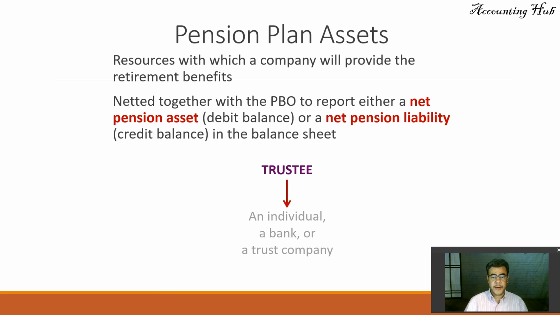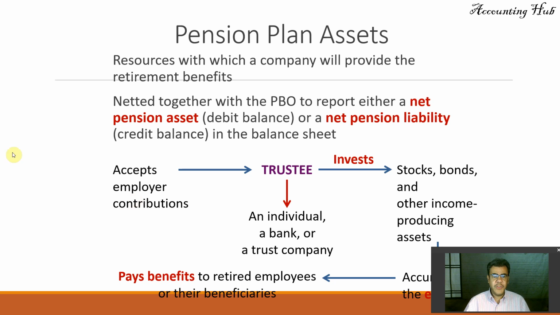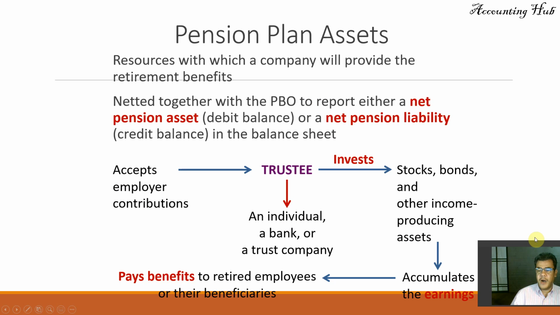And how does it work? We need a trustee. So this plan asset is not managed by our company. We hire a trustee, an individual, a bank, or a trust company, and they invest it in stocks, bonds, and other income producing assets, accumulate the earnings, and pay benefits.